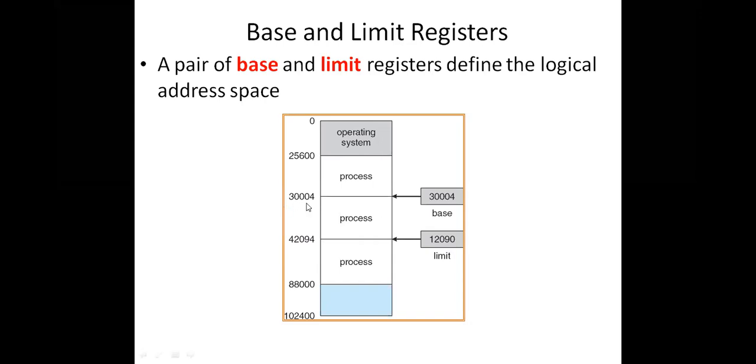Here the value is, for example, 2000 and here the value is 3000. The program starts at the 2000 location and it ends at the 3000 location. Then what is the size of the process? Then what is the base address value and what is the limit value? Tell me.